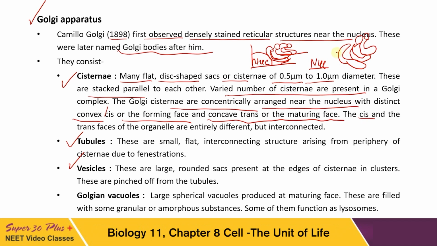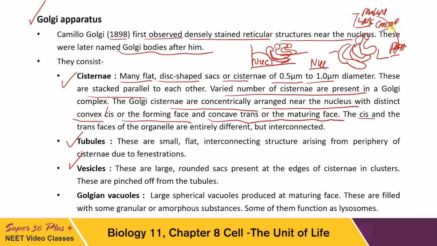This is convex, this is cis, also known as the forming face, while towards the plasma membrane the face is concave, known as the trans face or maturing face. You have to remember that near the nucleus is the cis face, and towards the plasma membrane the surface is the trans or mature surface, the concave one.